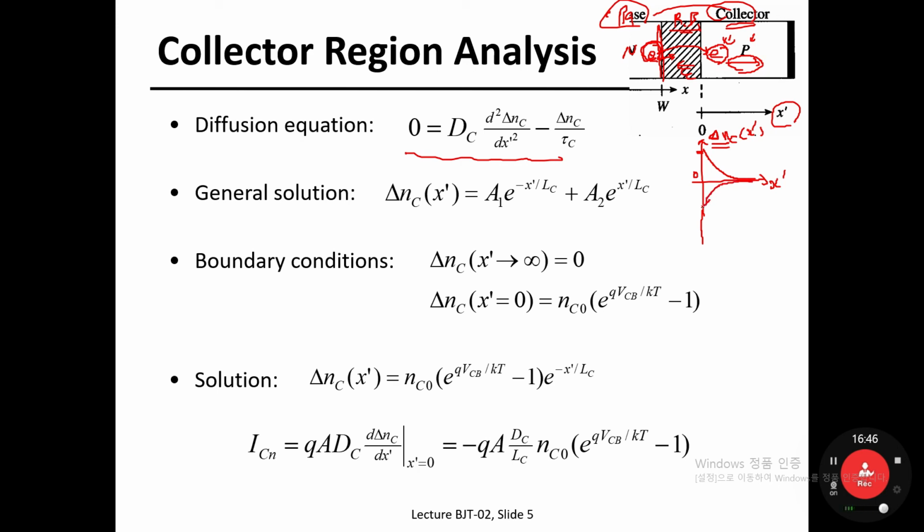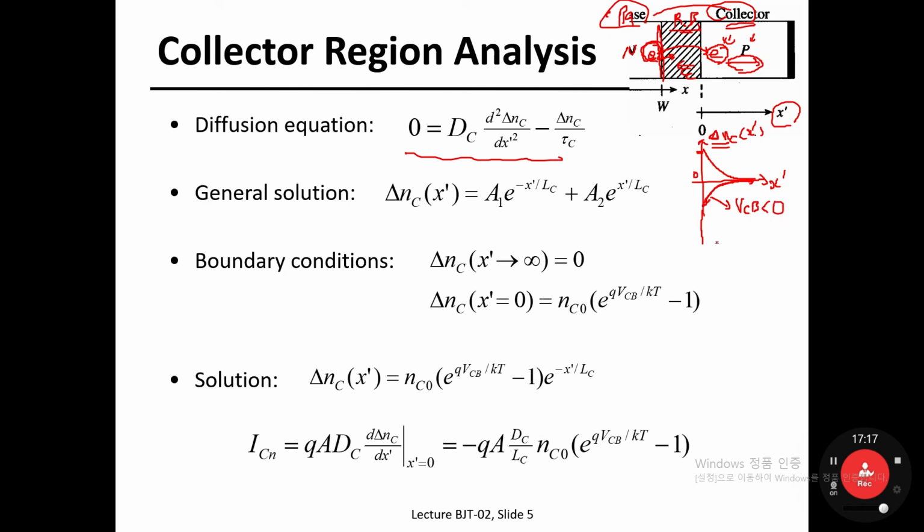If you're not familiar with this excess carrier profile in the collector region, or p-type region, under a reverse biased p-n diode, please go back to maybe a few movie clips that talked about this. Okay, so this excess electron concentration profile can be obtained when the collector-base voltage difference is negative.